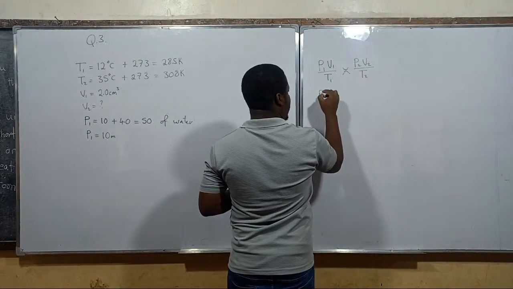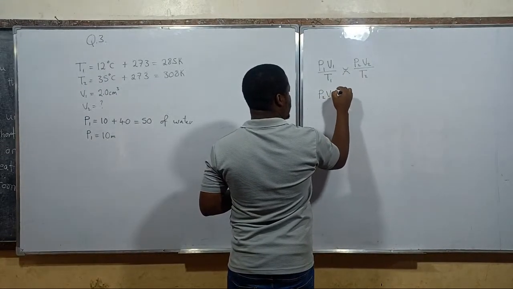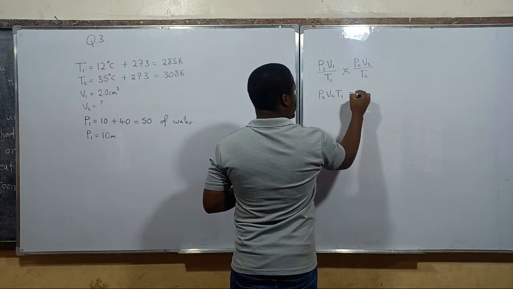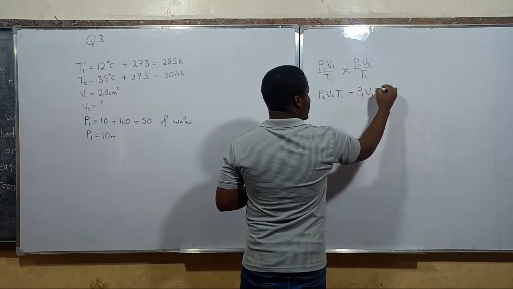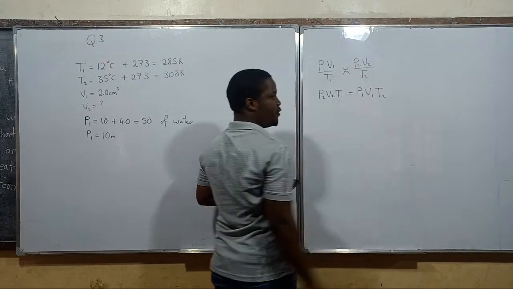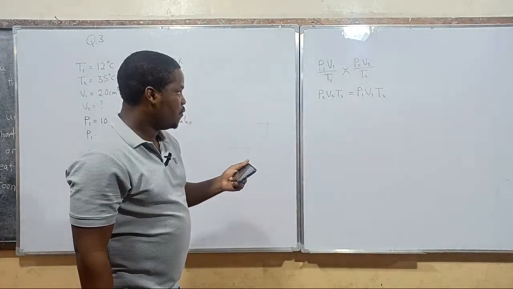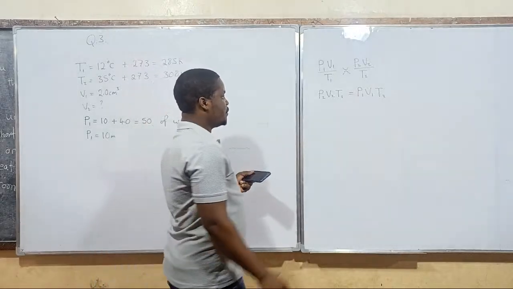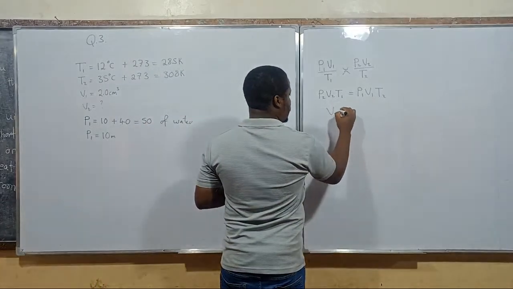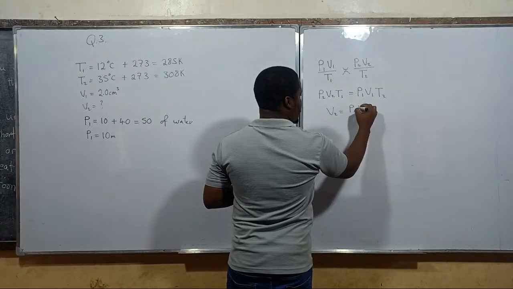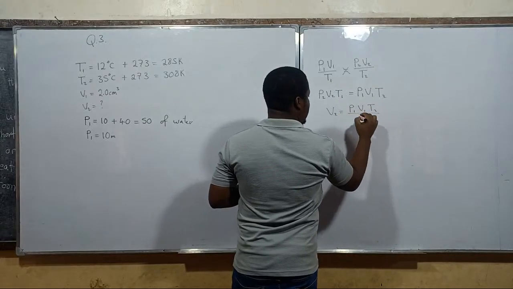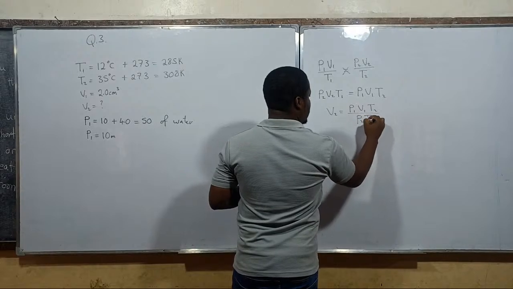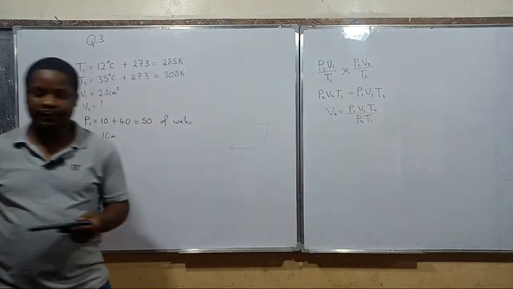Hence, we'll have P2 V2 T1 equals P1 V1 T2. We just cross multiplied. Then after cross multiplying, we can make V2 the subject. So V2 is equal to P1 V1 T2 divided by P2 T1. That's what we get.